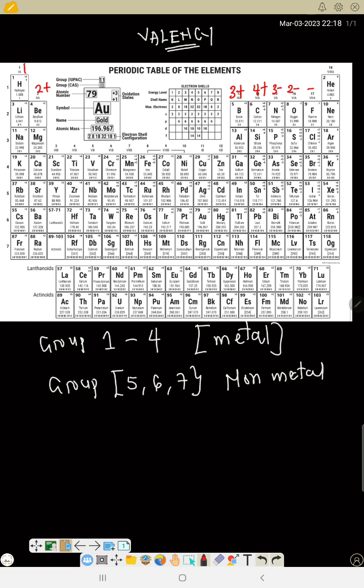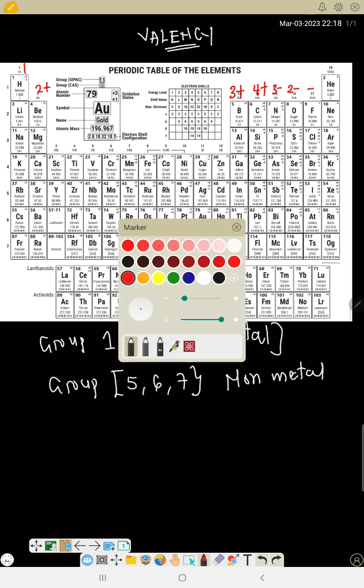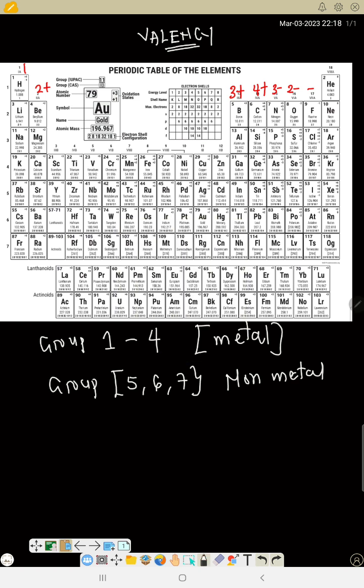Later you will learn the exceptions, because my next video is how to name a binary compound. I'm using all these valencies to name it, and the charges to balance the valency. Before I start naming, I can do valency of a compound, then we move to how to name.